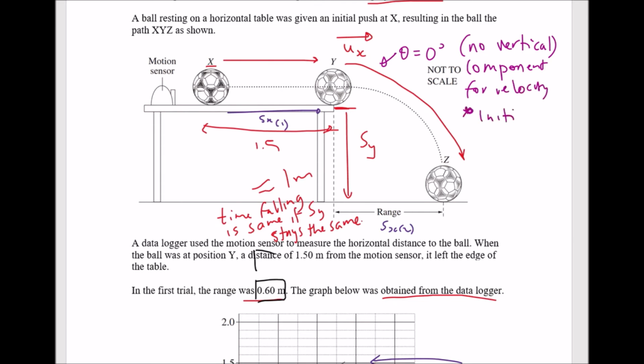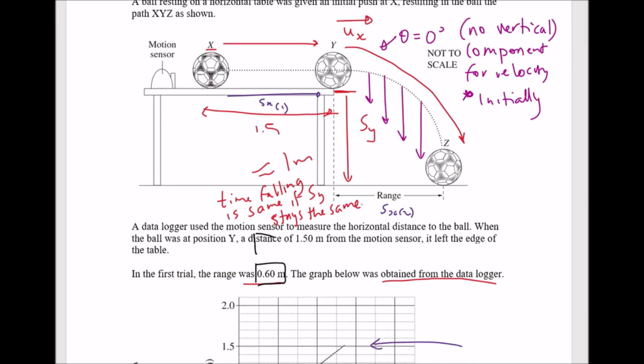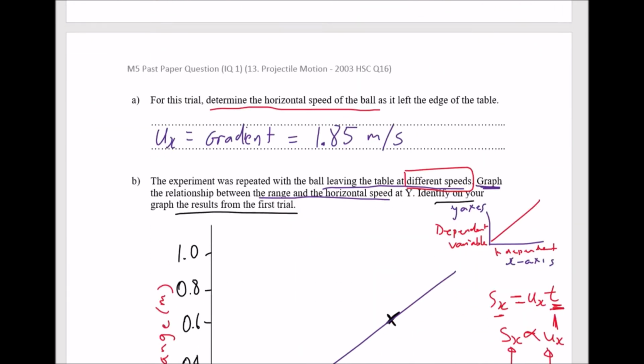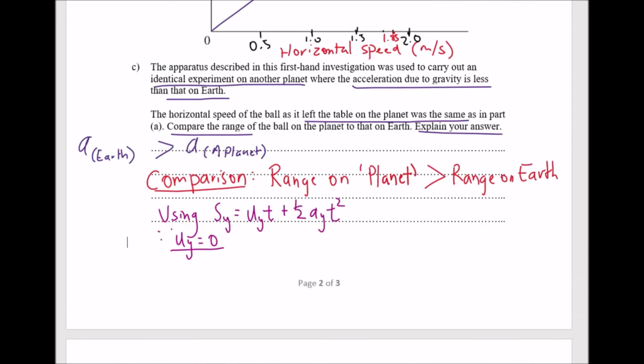Asterisk, initially at least. Its vertical velocity does increase as it is affected by the gravitational field.